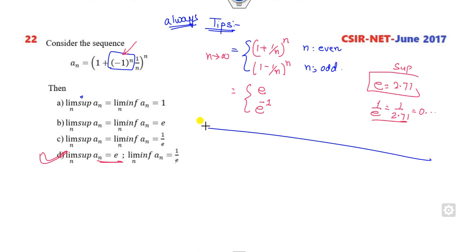Another tip for you for this kind of question. What will happen if you are unable to remember the limits, then what is the shortcut tip for you? Again, how you can find the limit?